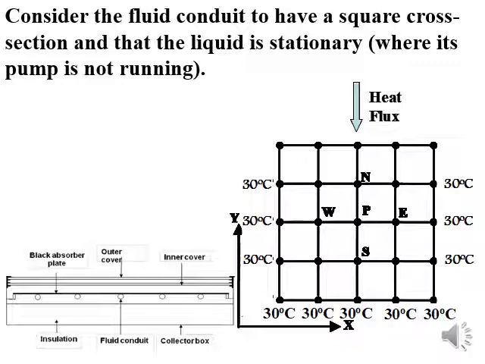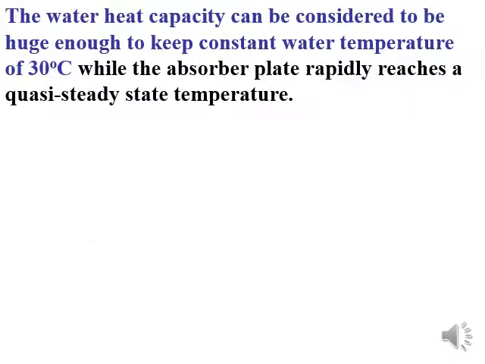We can have such a situation where the pump is not running, so that the liquid is not moving, and we don't have convection. So the water heat capacity can be considered to be huge enough to keep a constant water temperature of 30 degrees. So this will be a reservoir of heat.